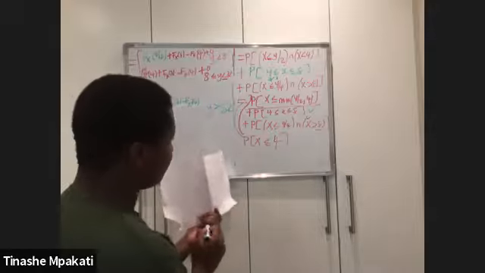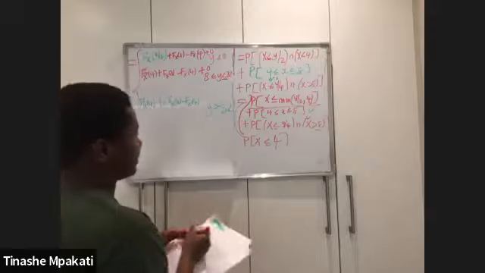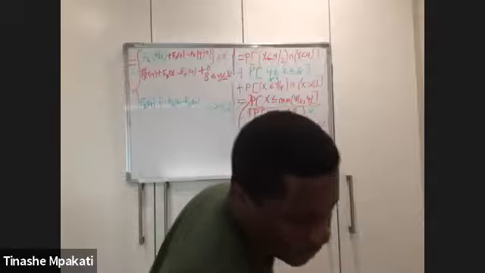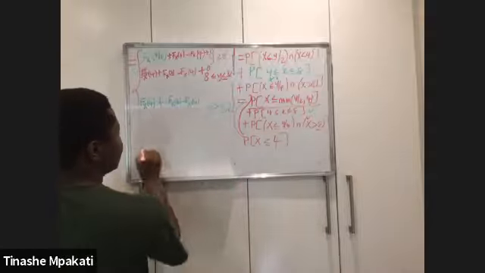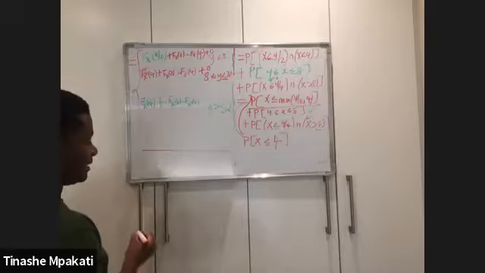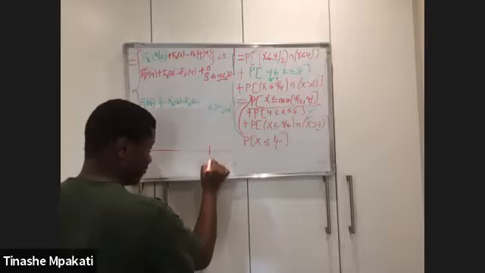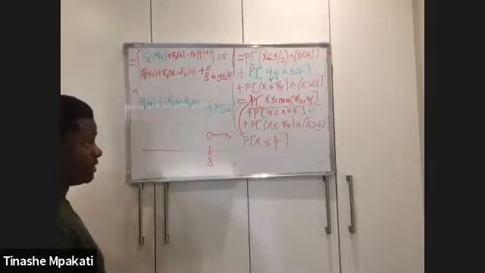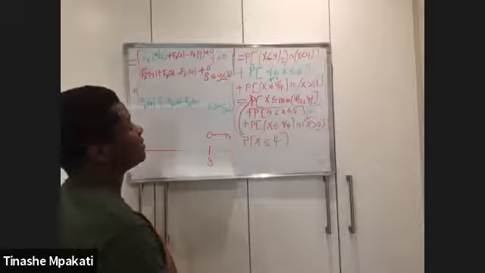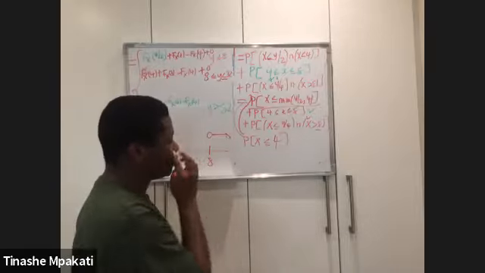Plus, now this is where it gets interesting, in the sense that the last term there wants the probability of an intersection of when x is less than y divided by 4 and when x is greater than 8. Again, one number we are sure of is 8, and we're looking at numbers that are moving from 8 going onwards, right? But now our interval is looking at numbers that are greater than 32, right?